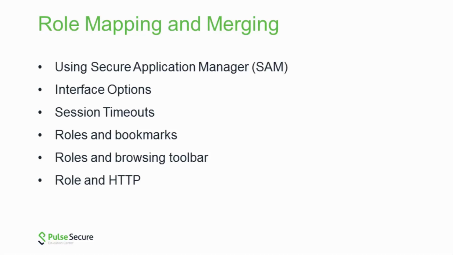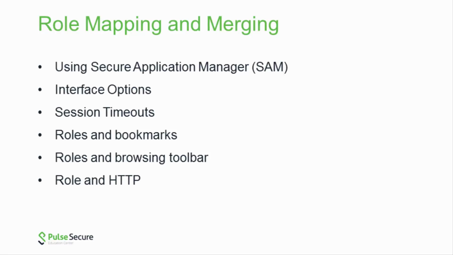Another role merging rule is, when merging two roles where a user is mapped to both bookmark roles, one in which bookmarks open in a new window and one in which bookmarks open in the same window, the merged role opens bookmarks in the same window.